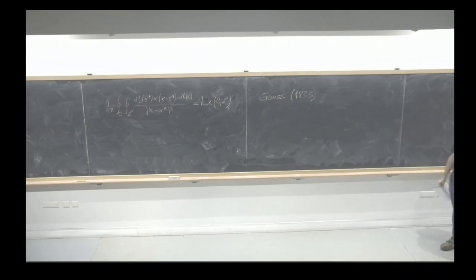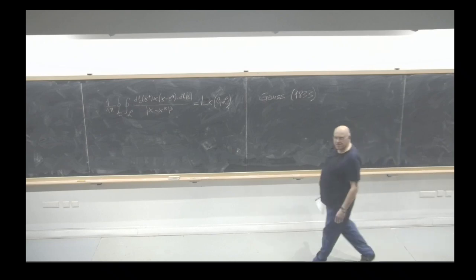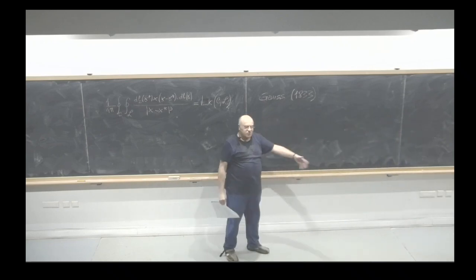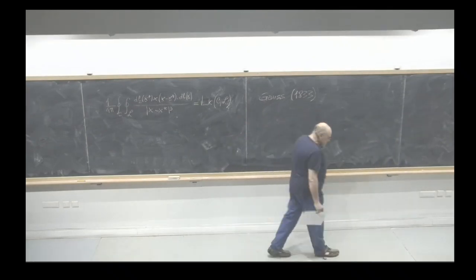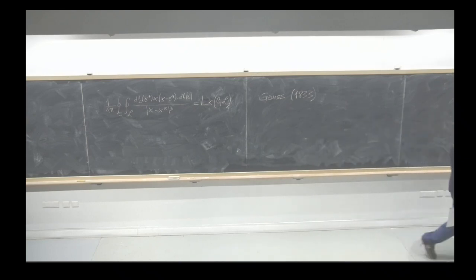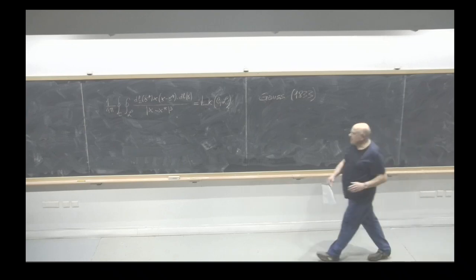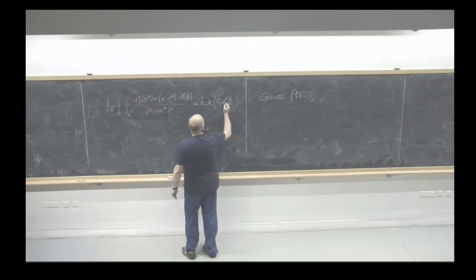Topologists, applied topologists, if you like to call them that way, came to me and said, Renzo, you have to explain how on earth Gauss got this right. He got right the following.